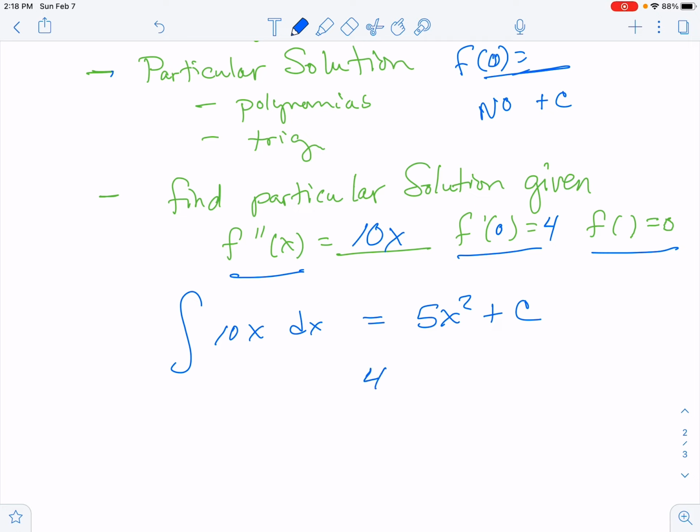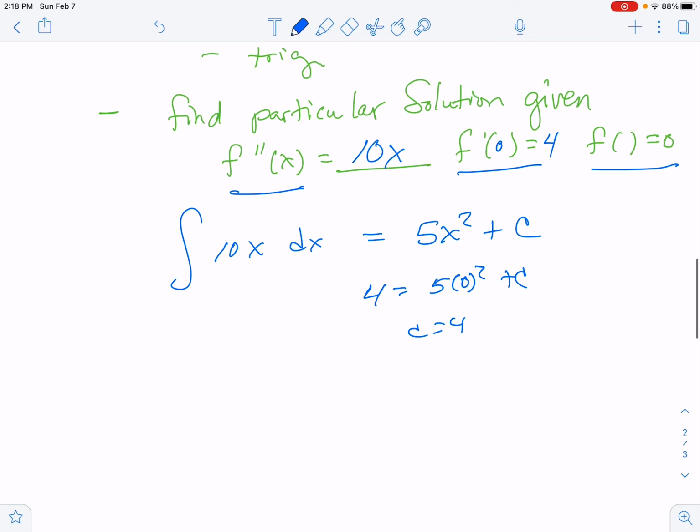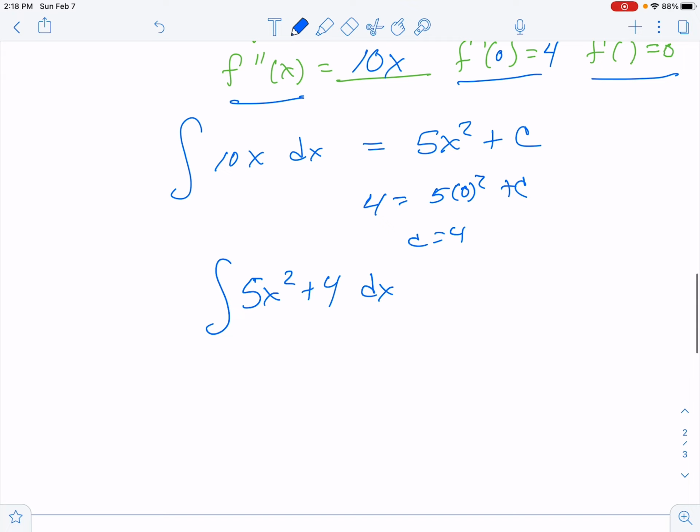So then I know 4 equals 5 times 0 squared plus c. So c is equal to 4. And then I go and integrate, so that's 5x squared plus 4. And I integrate that. And you get 5/3 x cubed plus 4x plus c.